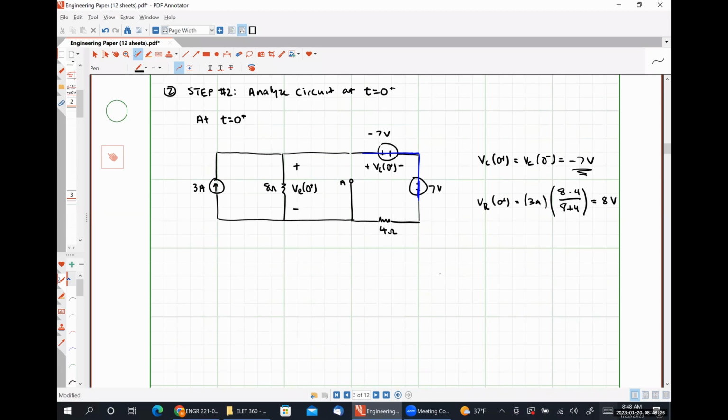So we're now going to have to do something a little new. We are going to analyze our circuit at t is equal to infinity.